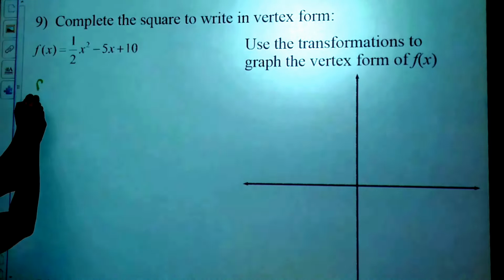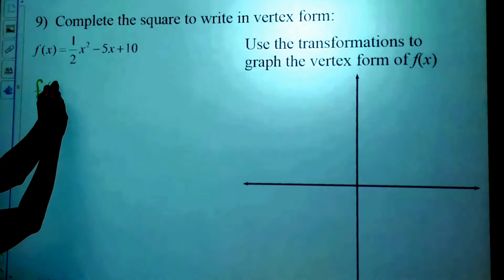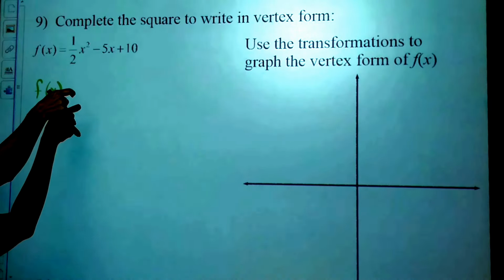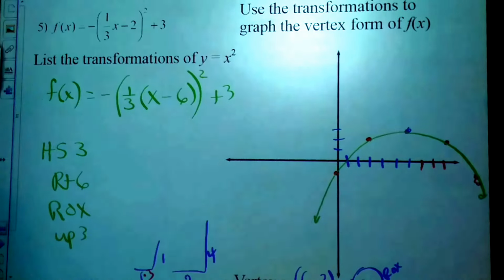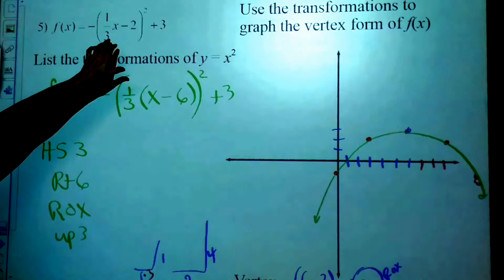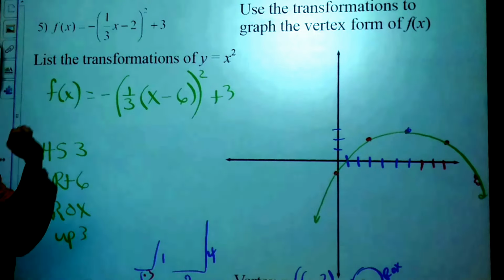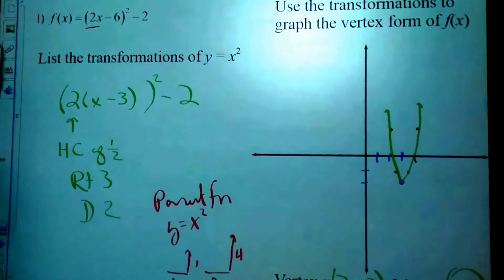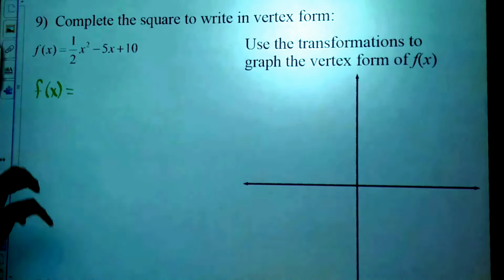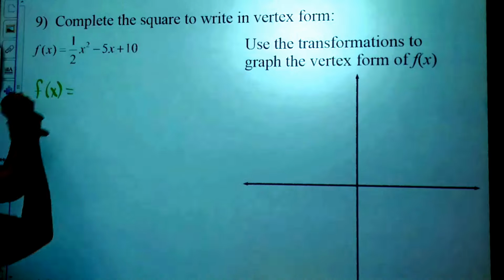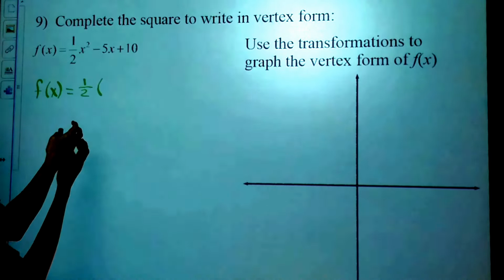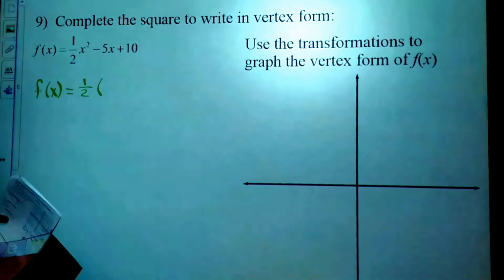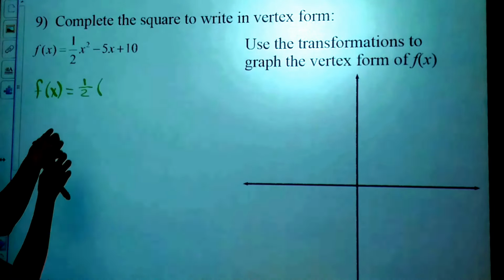As you look at this, the 1/2 now is factoring away. This one is different than the last because the 1/3 was in the parentheses being squared. Here, on number 9, only the x is being squared. So when I pull that 1/2 away, it is not still inside of a parenthesis squared or anything.